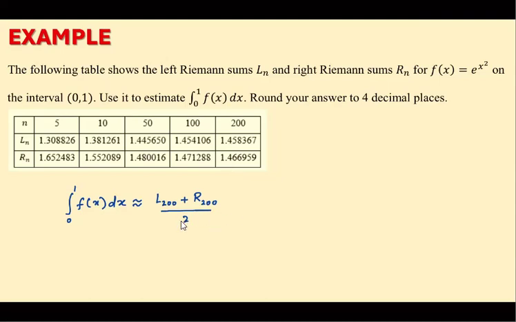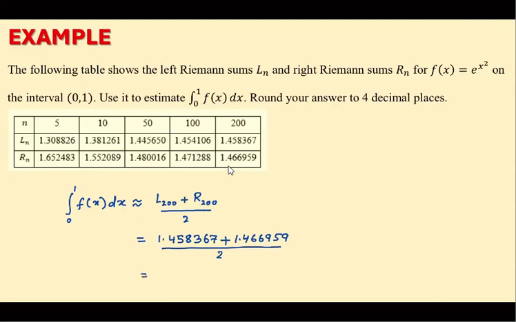So that will be the best estimation, which is equal to the left Riemann sum with n equal to 200, which is this one, 1.45837, plus the right Riemann sum with n equal to 200, which is this one, 1.466959, and we divide that by 2.